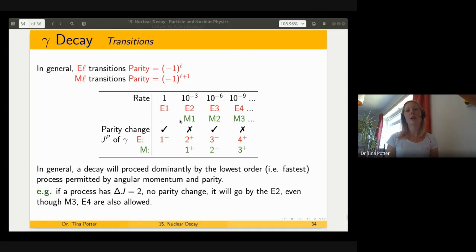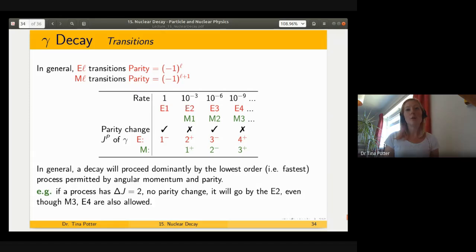If we have a look at the magnetic dipole transitions here, we saw that there was no parity change, and there's roughly this factor of 1,000 difference in the rate for the transition here. So that's why it's sitting in this column here. And the spin parity of our photon here is spin 1 and even parity.